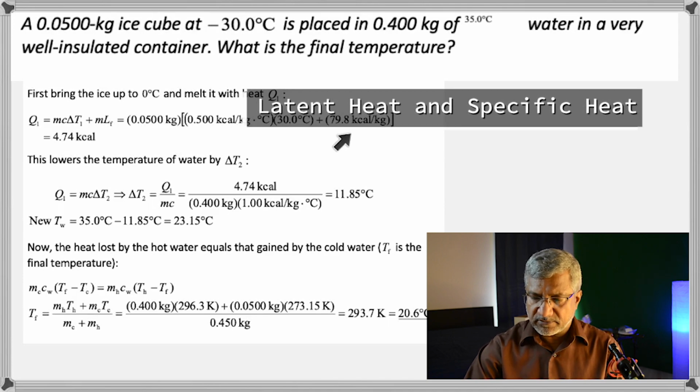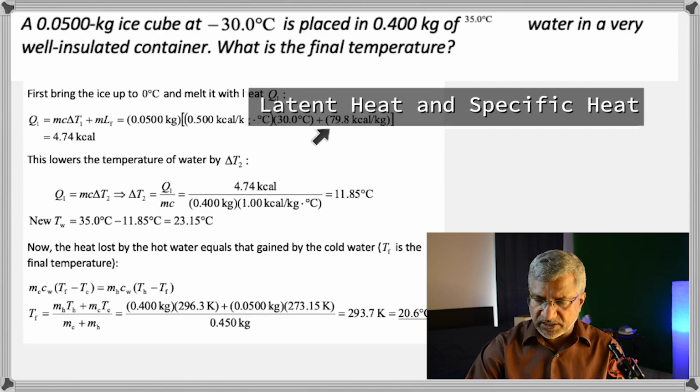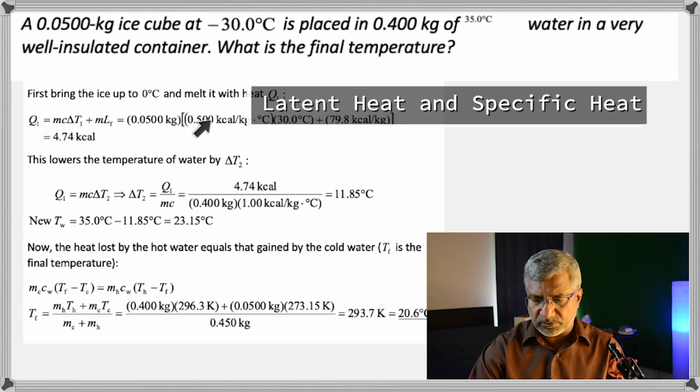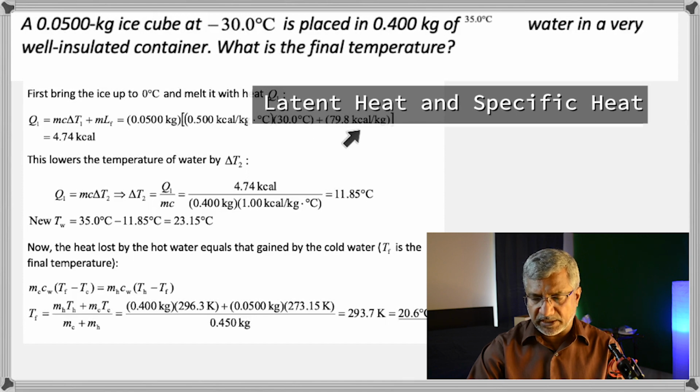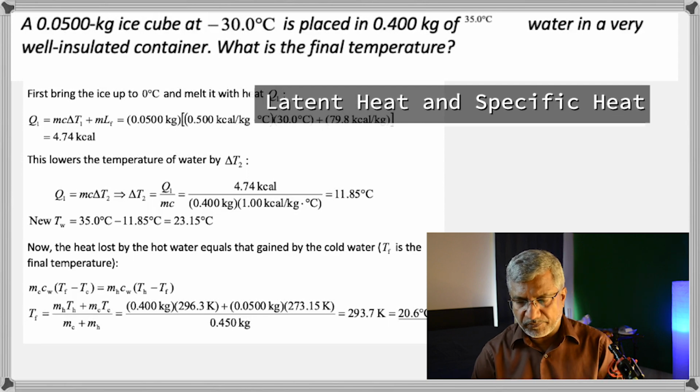Plus that's the latent heat of fusion of ice, which is 79.8 kilocalorie per kilogram. So what is done here is the mass is taken out common, because you have mass here and you have mass here. When the mass is taken out, all you have to do is the specific heat multiplied by the temperature plus the latent heat. When you do that, you get 4.74 kilocalories of heat.